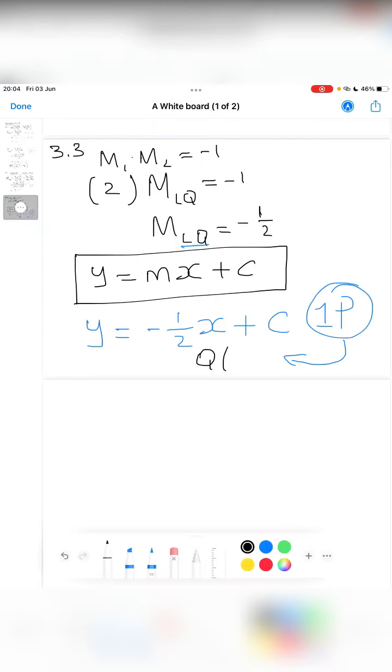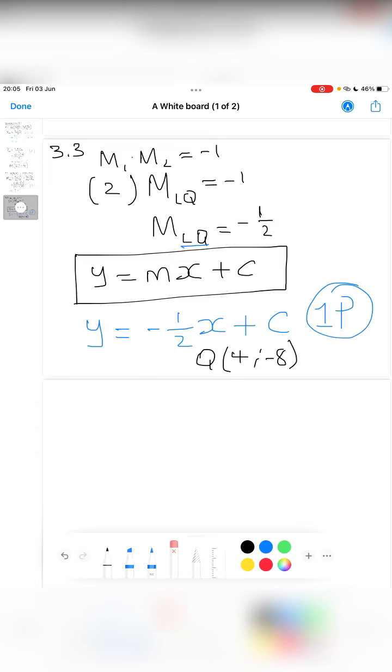Sir, I've got a question. Yes. So, sir, I've taught the equation of finding the equation of a straight line by y minus y1 is equal to m into x minus x1. Let me write it down. What did you say?